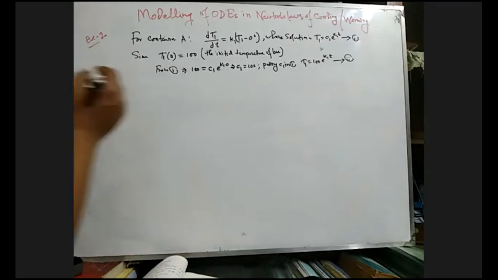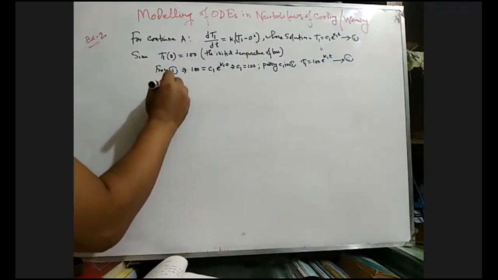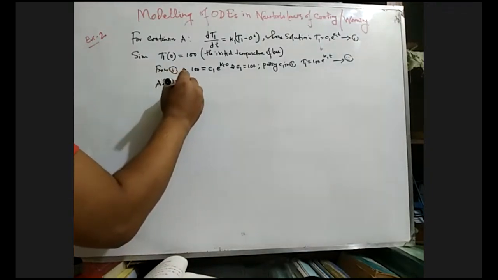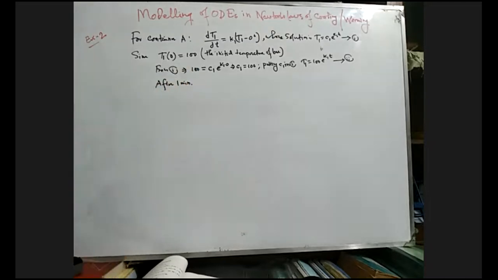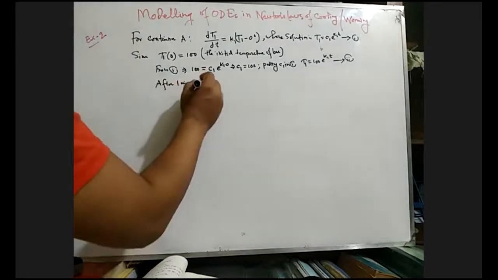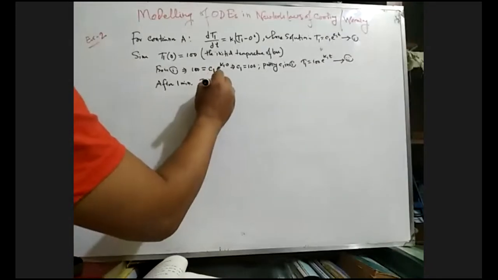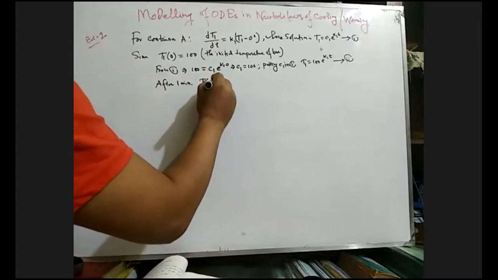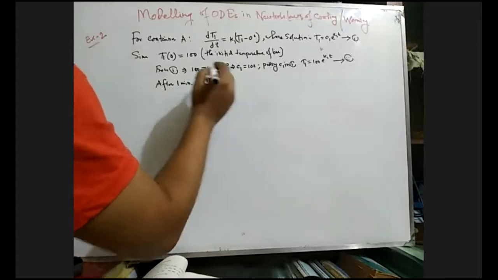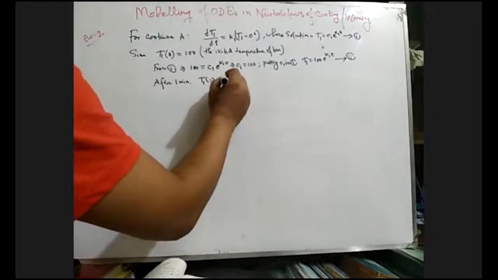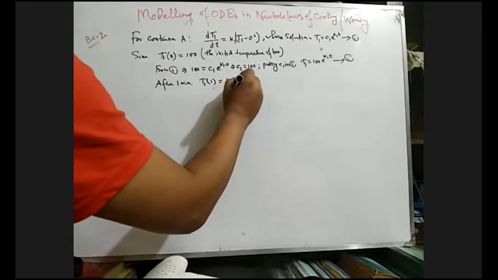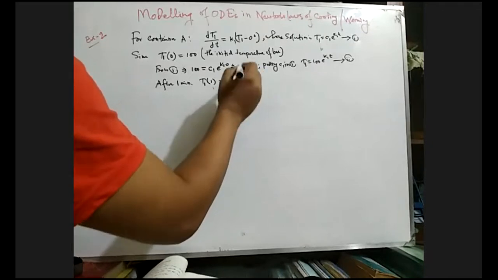So after 1 minute, what will be the temperature of the bar? T1 equals 100 into e to the power k1, with t equals 1.